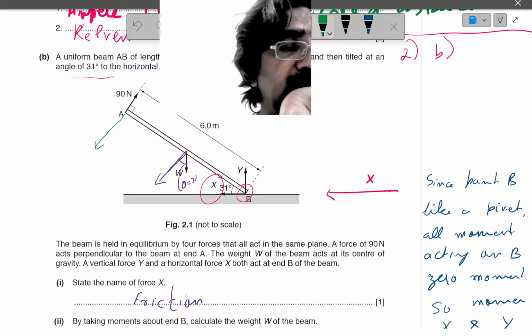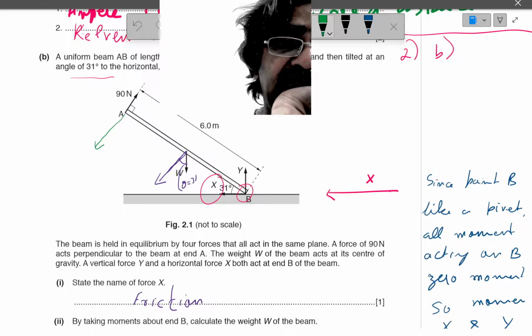Sorry, the direction will not be downward, the direction will be upward.